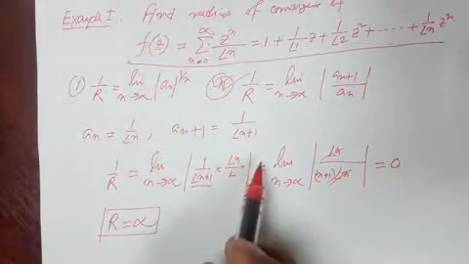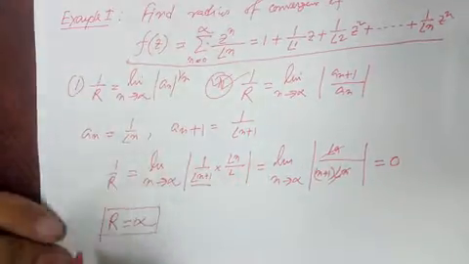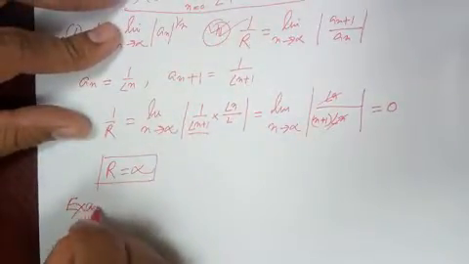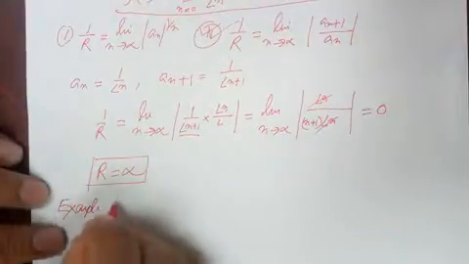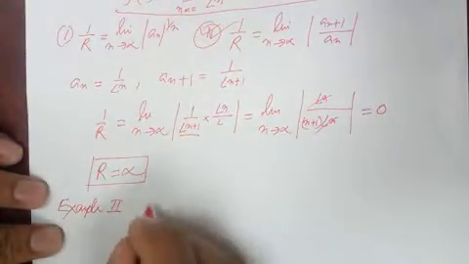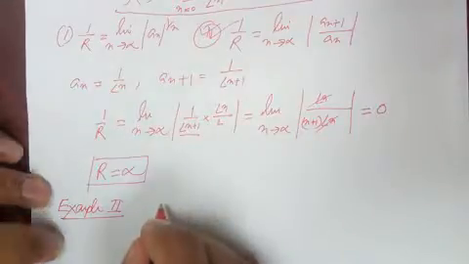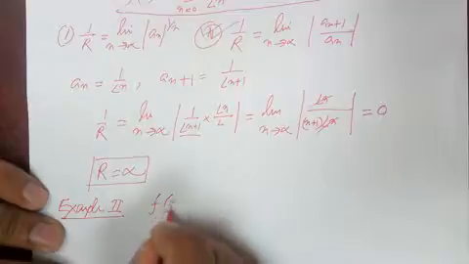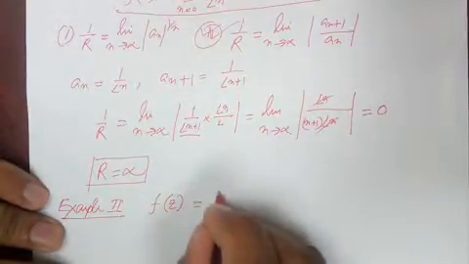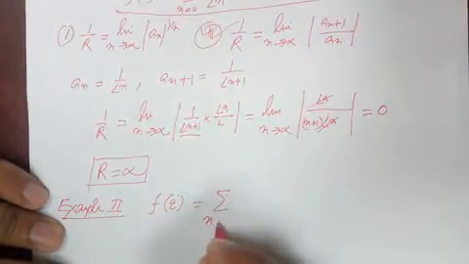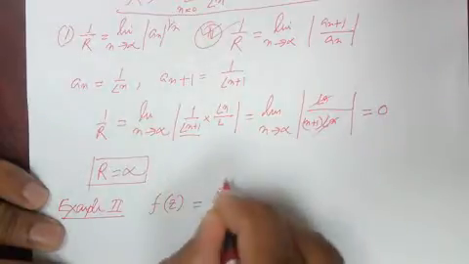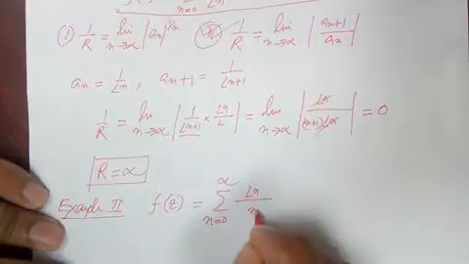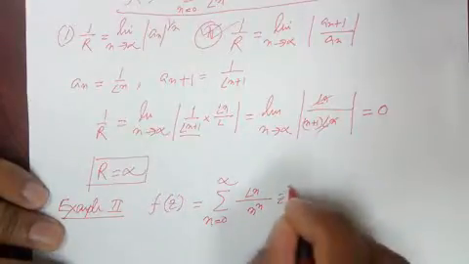Now we can see another example. Example number 2. Let's say we calculate the radius of convergence of the power series f(z) equals the sum from n equals 0 to infinity of factorial n over n to the power n times z to the power n.